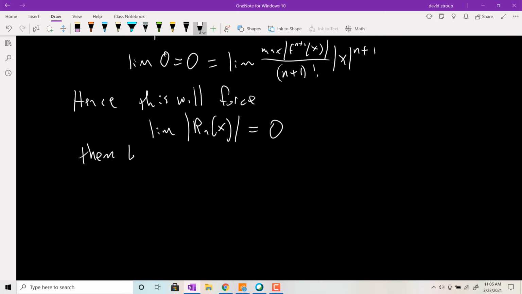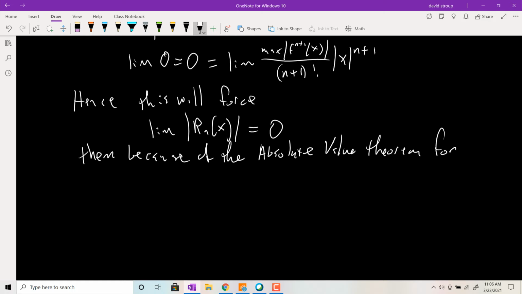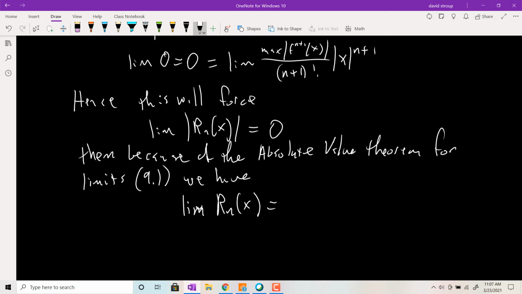So then, because of the absolute value theorem for limits, and I believe that was 9.1, we have that the limit of r sub n of x will equal 0.